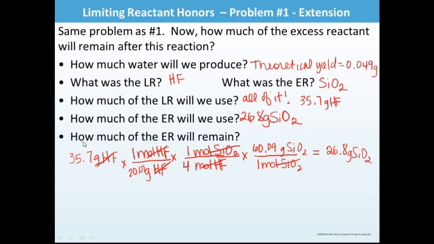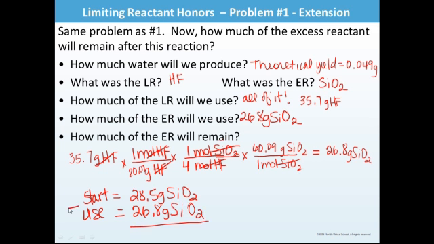So the last question, how much of the ER, the excess reactant, will remain? Okay, well what we have to do is we started with 28.5 grams of SiO2. How much did I use? Well, I used 26.8 grams of SiO2, and if we subtract those, we will get what's left over.